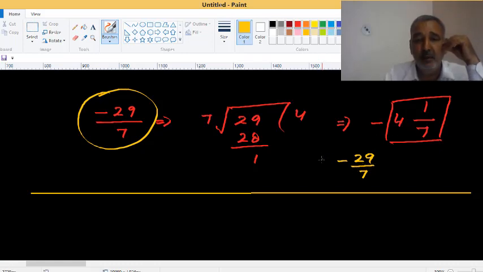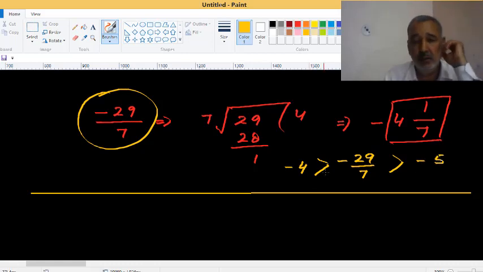This number is less than minus 4 and is greater than minus 5. So simply this number lies between minus 4 and minus 5.